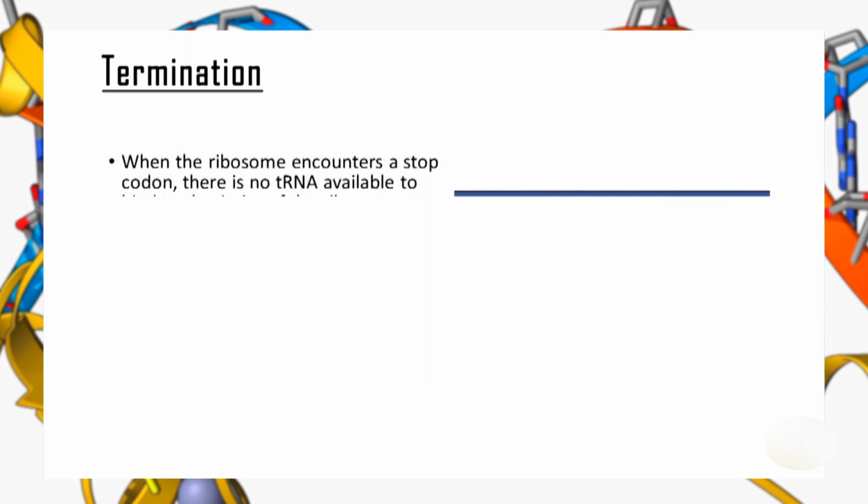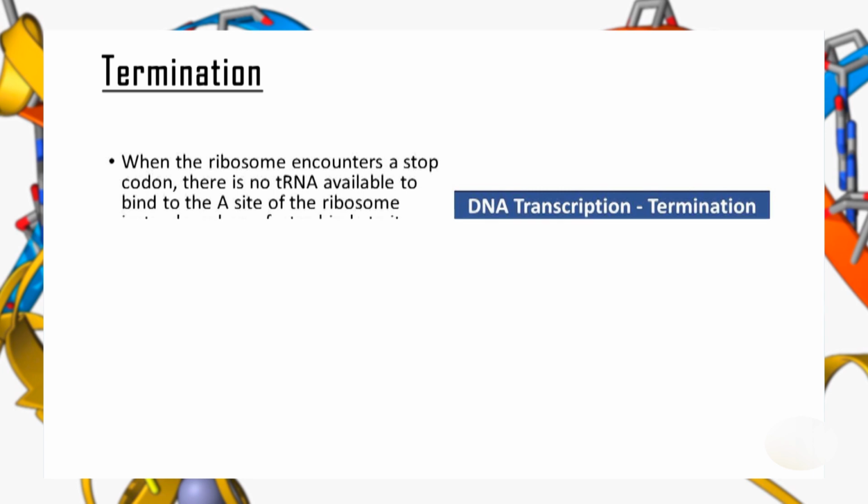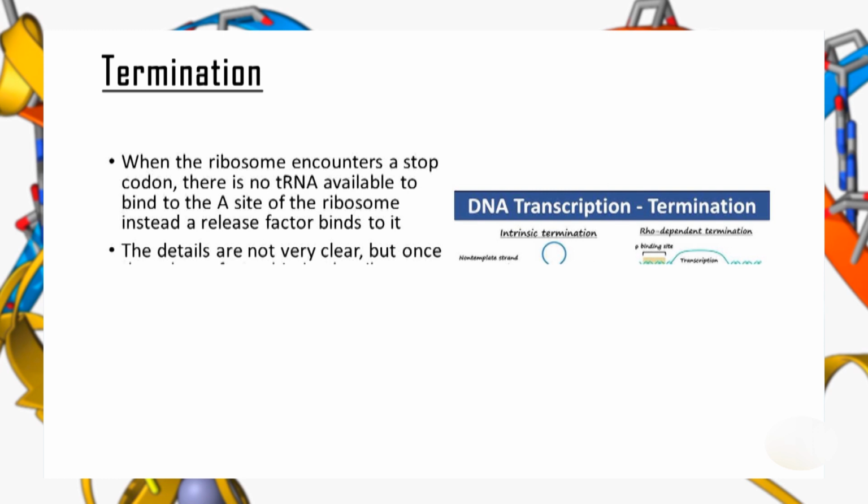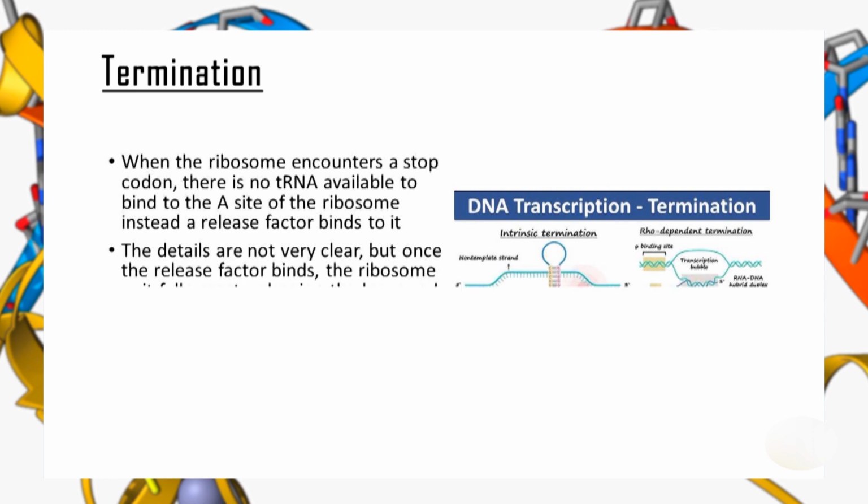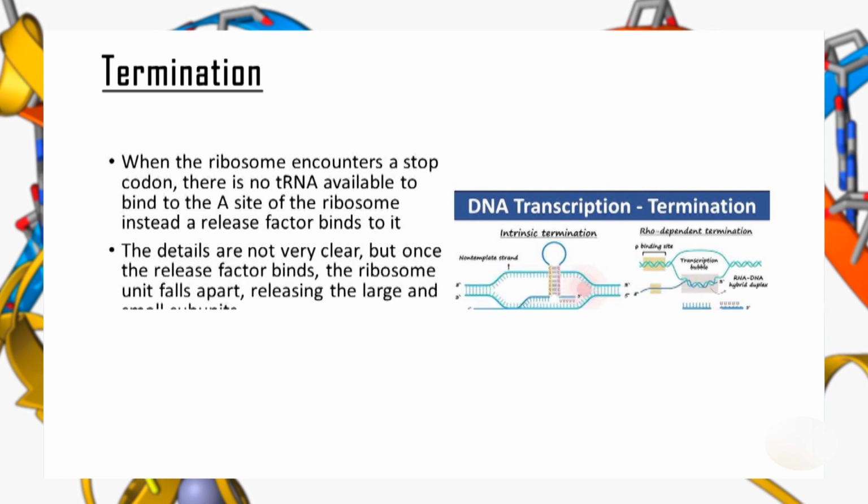Then termination. When the ribosome encounters a stop codon, there is no tRNA available to bind to the A site of the ribosome. Instead, a release factor binds to it.